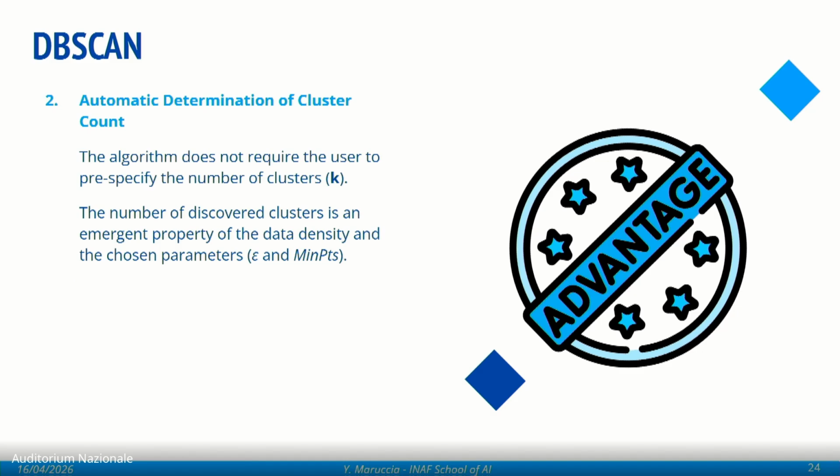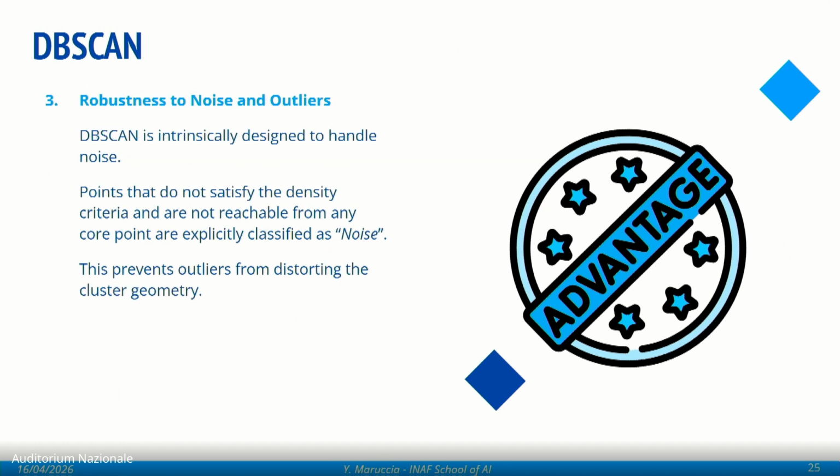We don't have to specify the number of clusters, but we need to specify the epsilon and min points at the beginning. But this is an advantage. And also, it is very robust for finding noise and outliers.